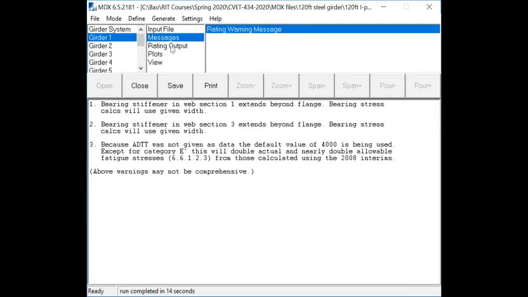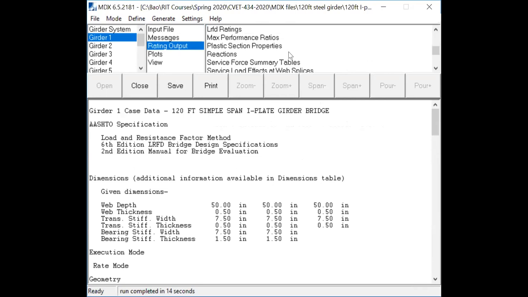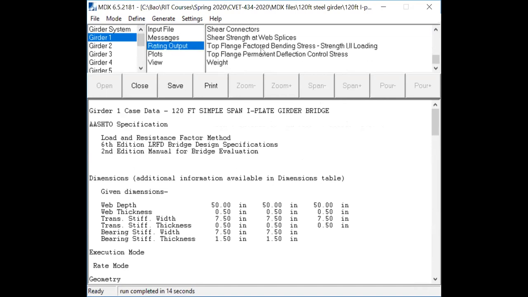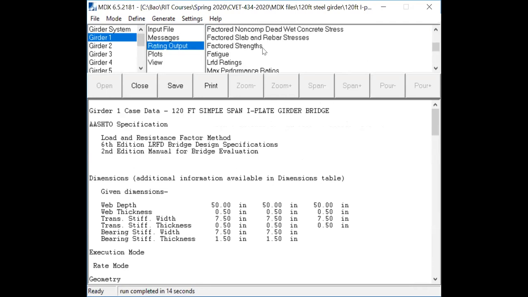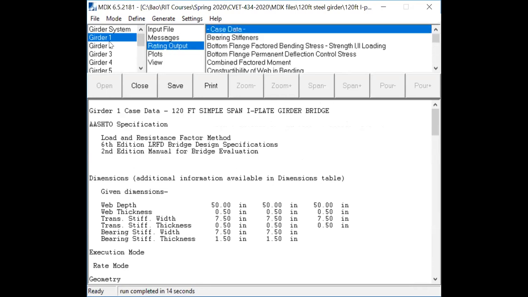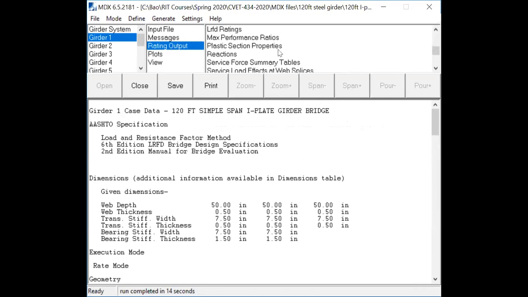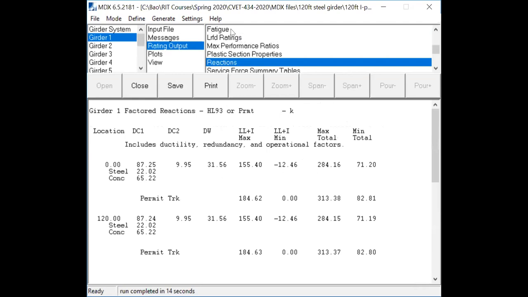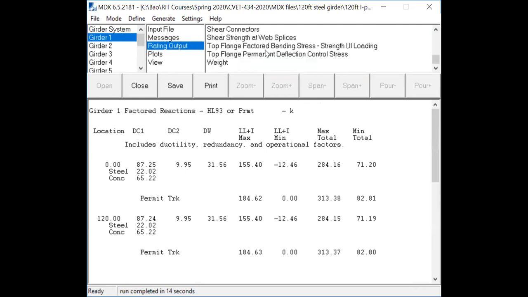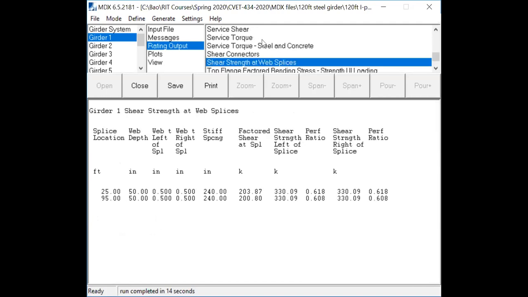Based on the output, we can find different things based on the girder line. If you want to take a look at other information like reactions and the shear strength at splices, it gives you a lot of results.